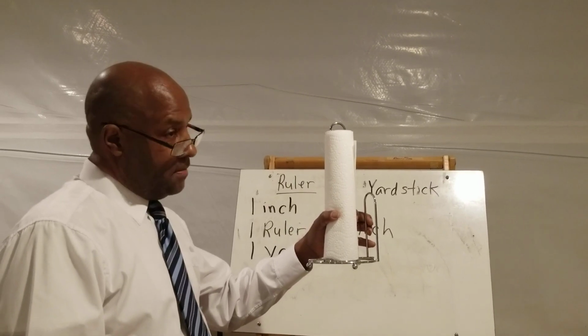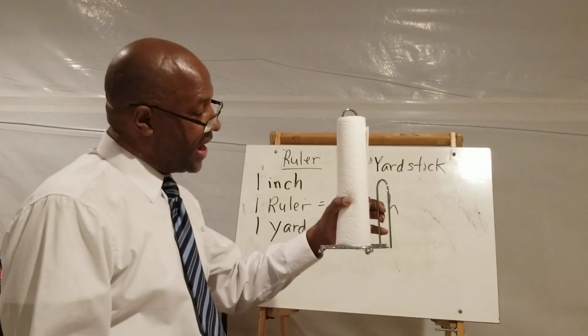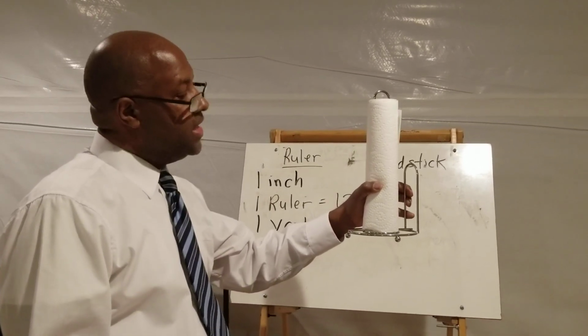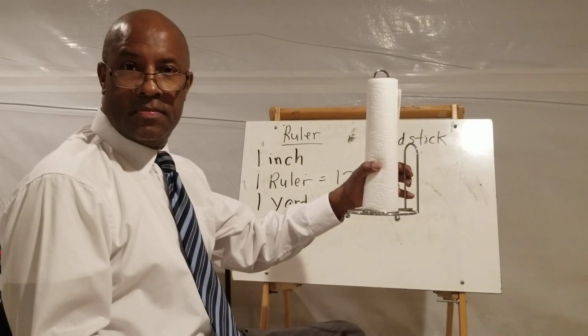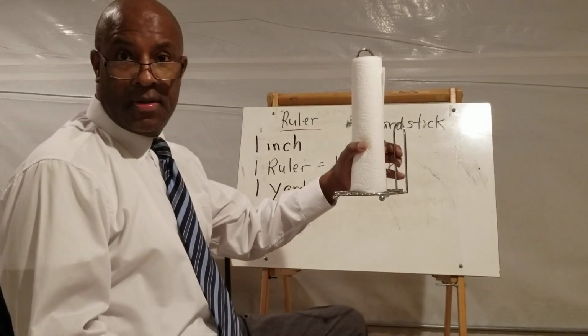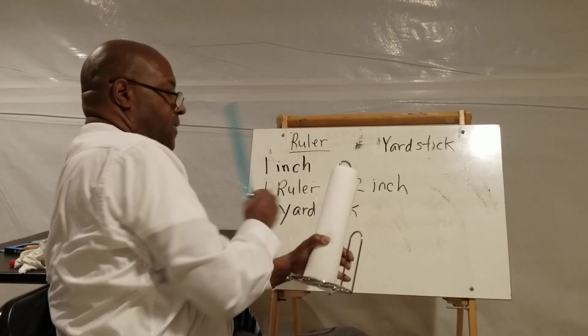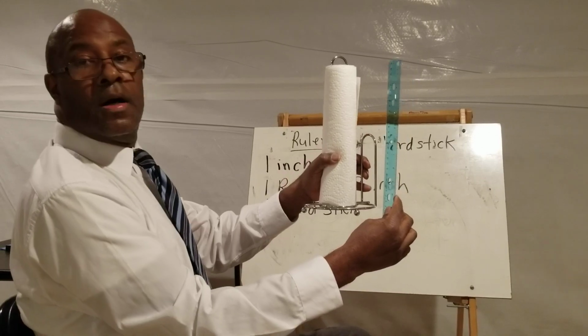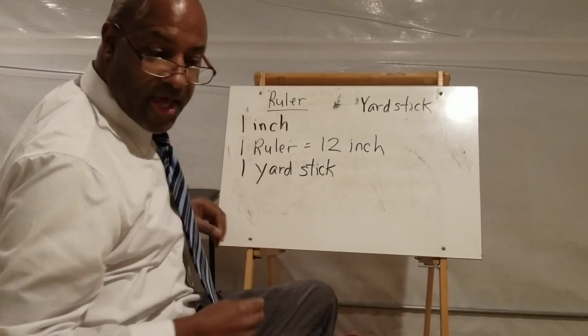My paper towel holder, back in my room, is pretty much the exact same size as a ruler, 12 inches, okay? So basically, this and this ruler here are the same size, okay? All right, just want to throw that in there.